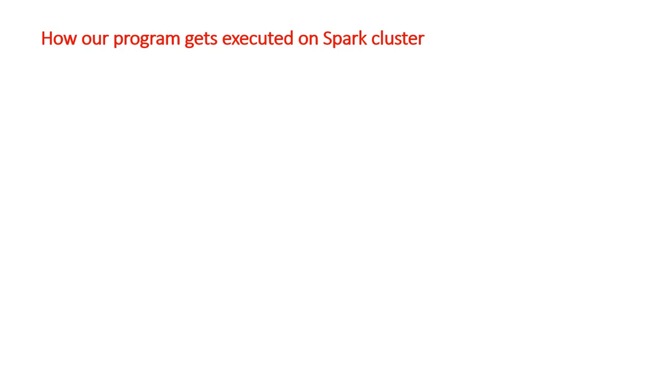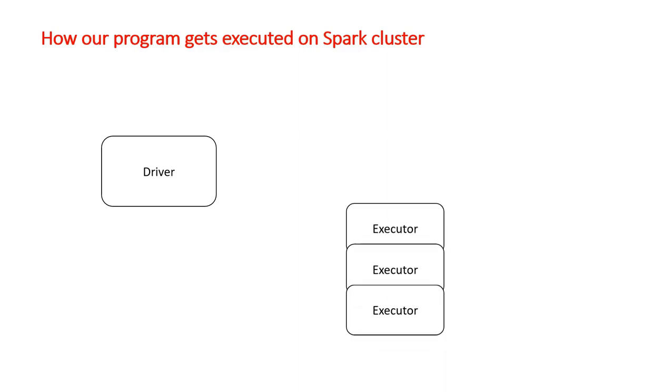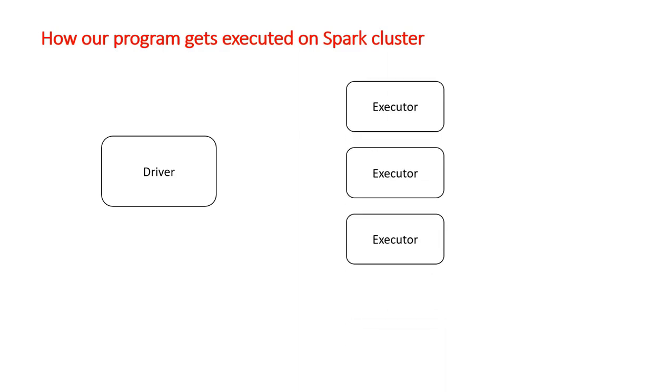There are a couple of important things working behind the scene. Spark works on the principle of master and slaves. In Spark, we call the master a driver and the slaves executors.